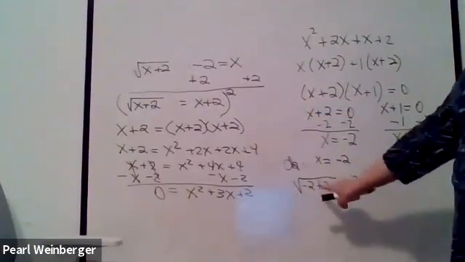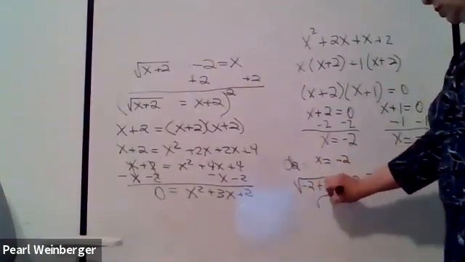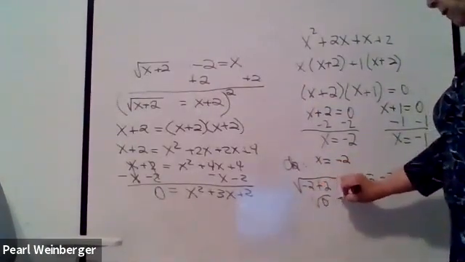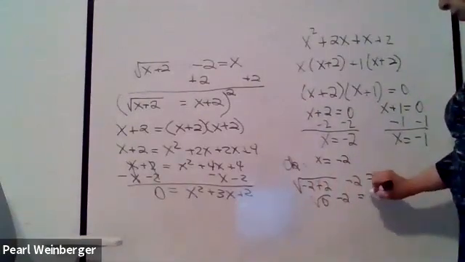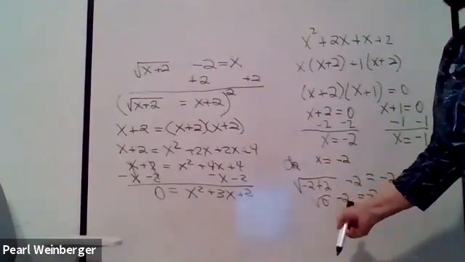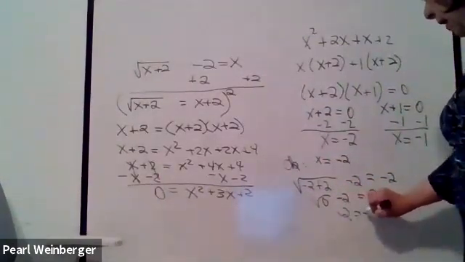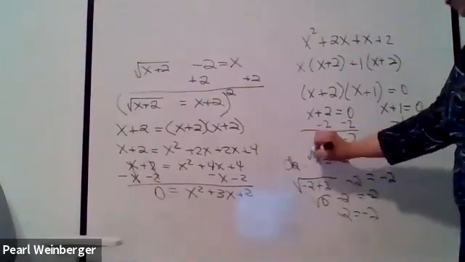Well, let's see if that works. -2 plus 2 is 0, so this is the square root of 0 minus 2 equals -2. And the square root of 0, of course, is 0. So 0 minus 2, that checks. That is a good answer.